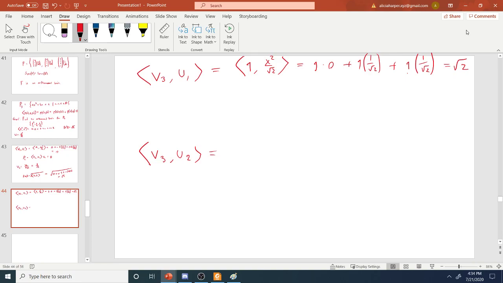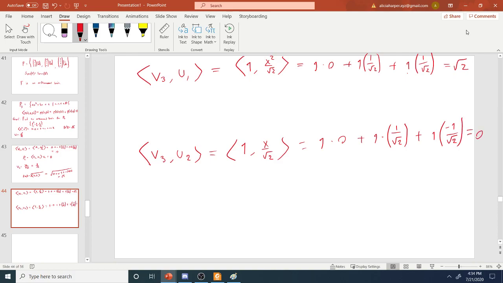And then v3 inner product with u2 is going to be equal to the inner product of 1 with x over the square root of 2, which is just going to be equal to 1 times 0 plus 1 times 1 over the square root of 2 plus 1 times negative 1 over the square root of 2.